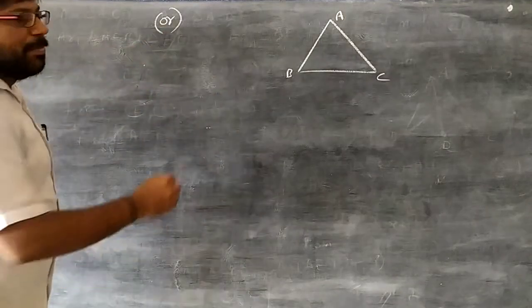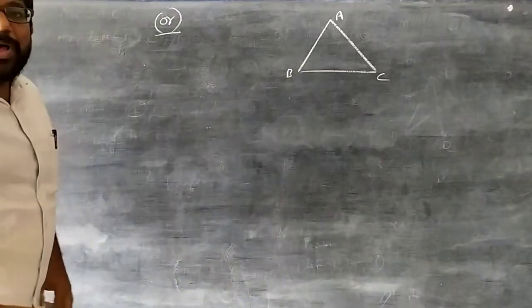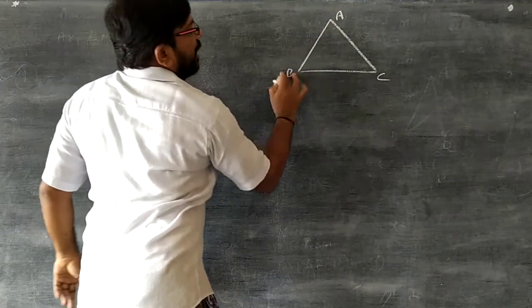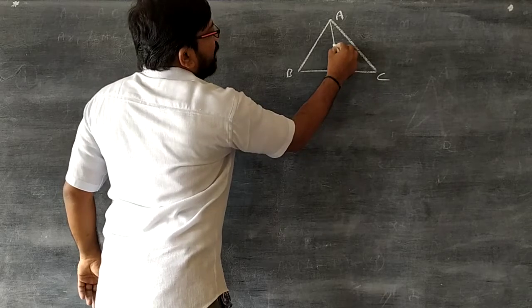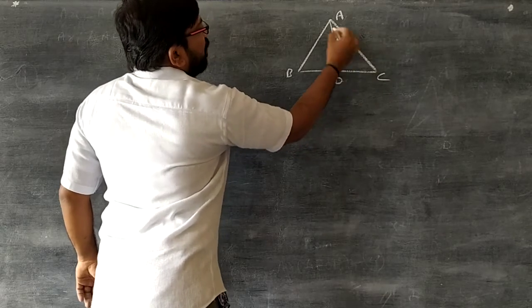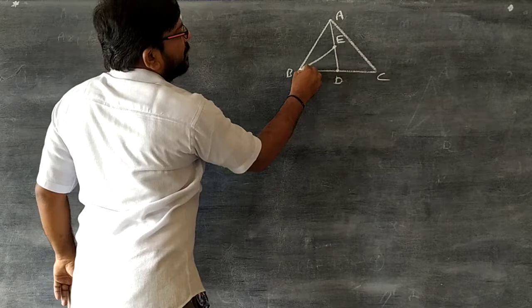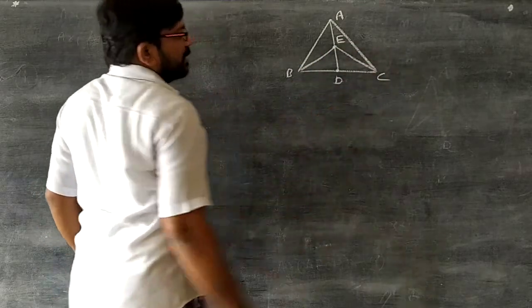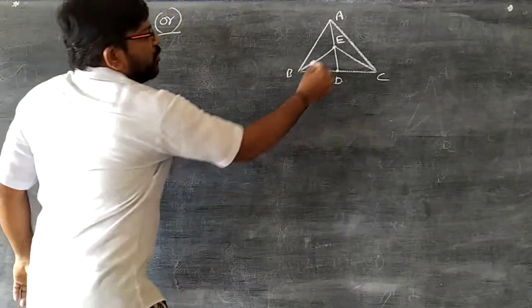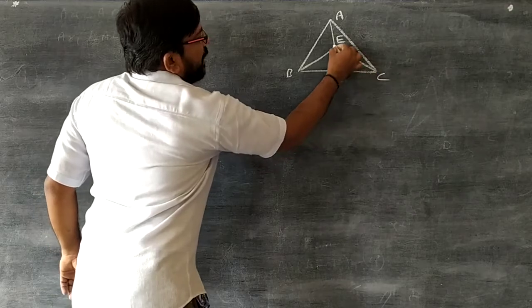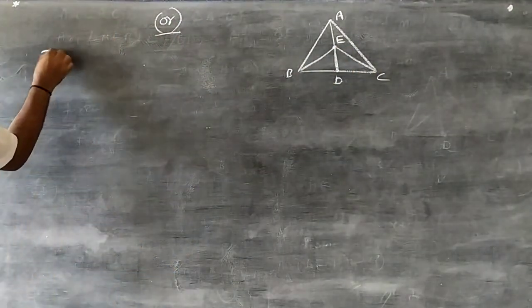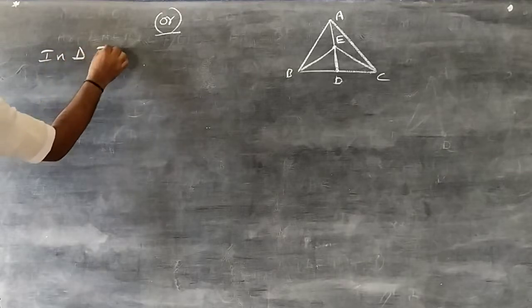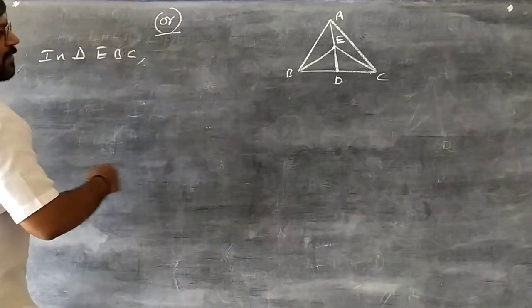Now another method for the same problem. In triangle ABC, AD is the median and E is the midpoint of AD, joined like this. In triangle EBC, which is the median?